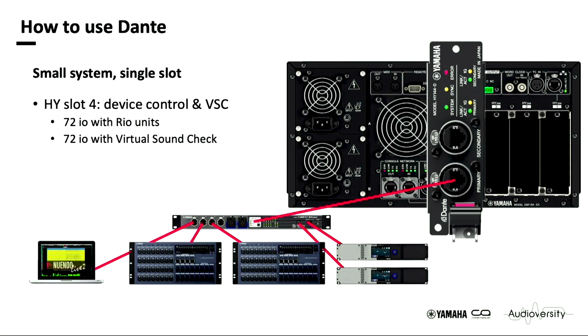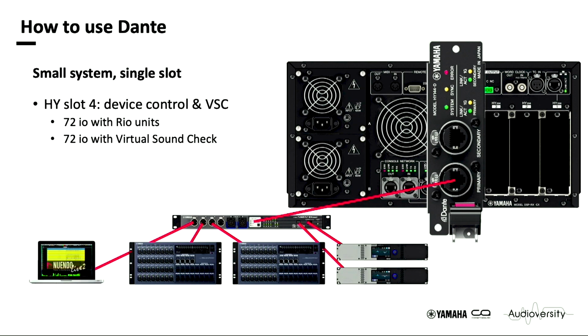Let's take a look at a few system examples. We'll start with a small system that can be used with just one Dante card. So if you put one card into slot 4, then you can have live inputs and do recording and virtual sound check at the same time, if you are not exceeding 72 inputs from each.